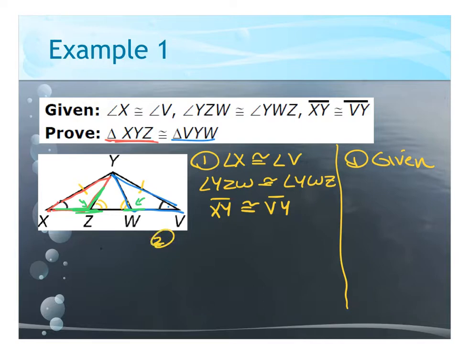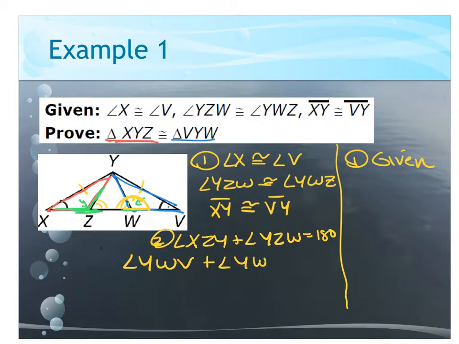I'm going to state that angle XZY plus angle YZW equals 180. I'm going to do the same thing over here and show that this is a linear pair. So I'm also going to state that angle YWV plus angle YWZ equals 180. And this is the linear pair postulate, LPP.